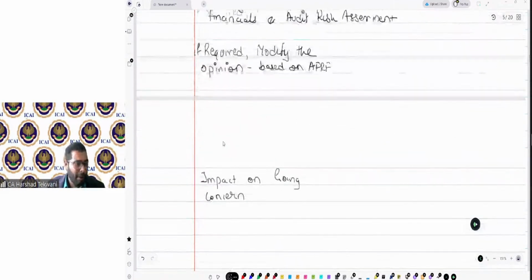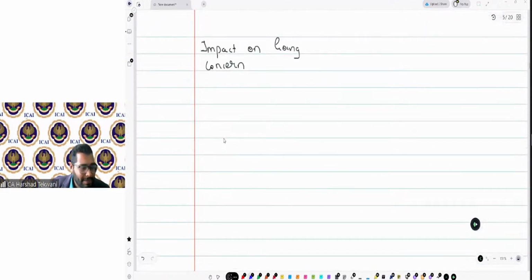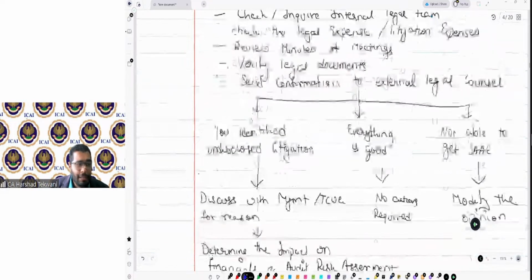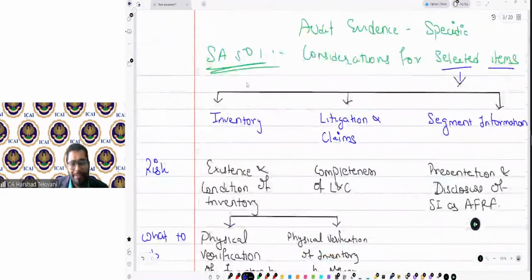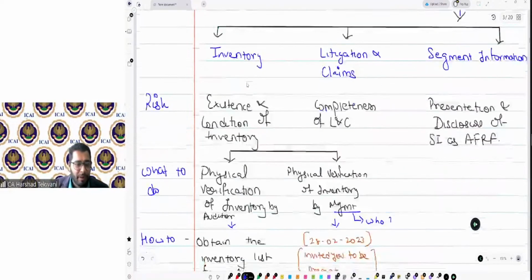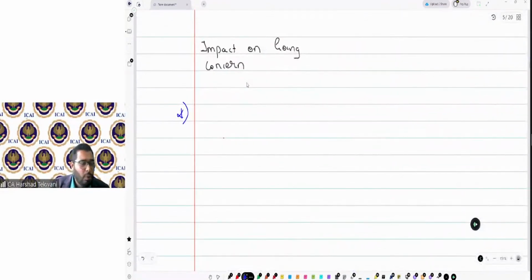The last part of this particular essay is what was that? Presentation and disclosure of segment information as per applicable financial reporting framework. So I need to ensure that the segment information is appropriately disclosed as per the financial reporting framework.